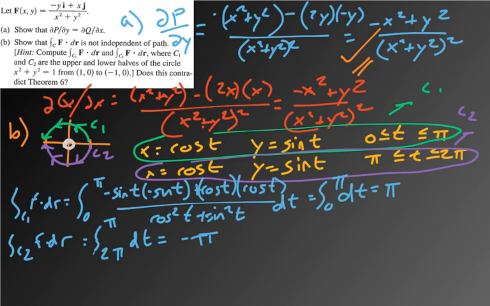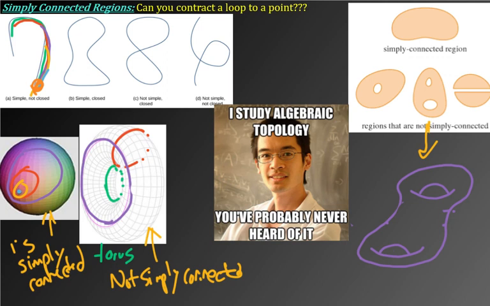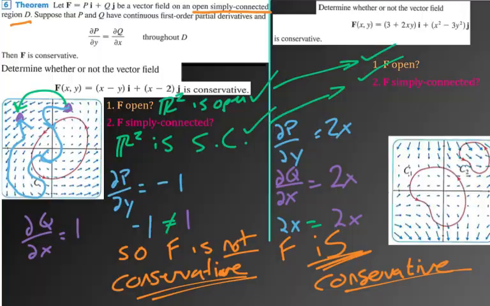It is not defined at the origin because of the denominator in the vector field. So it is basically like an open space with a hole at the origin, and you're never going to be able to contract a loop in there down to a point because of that hole. It's kind of like the donut in 2 dimensions, right?